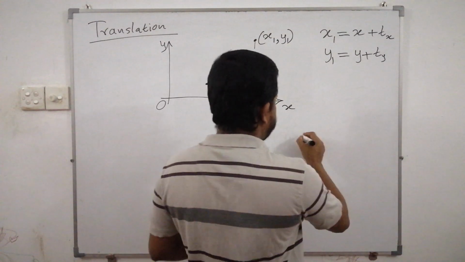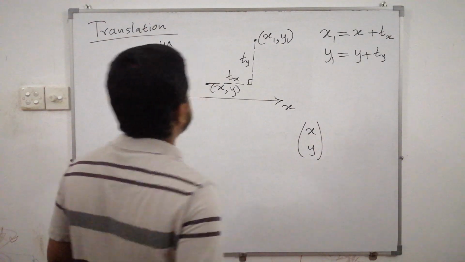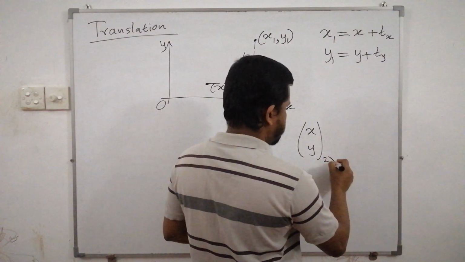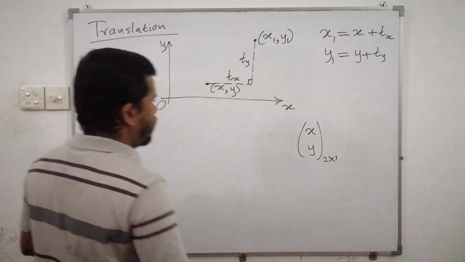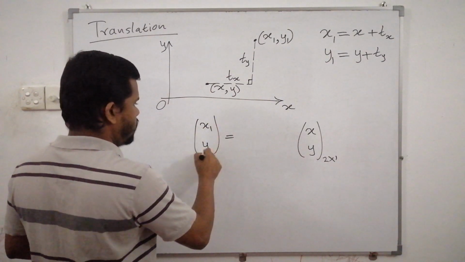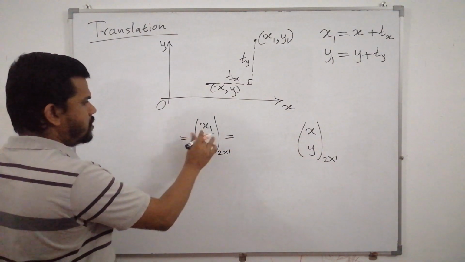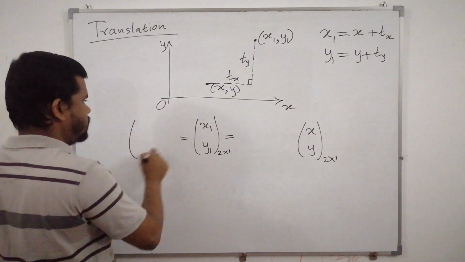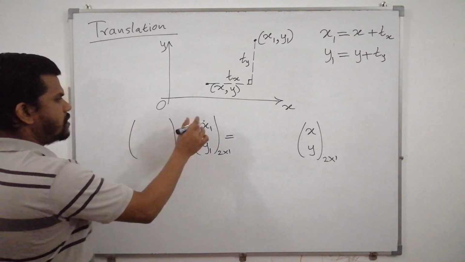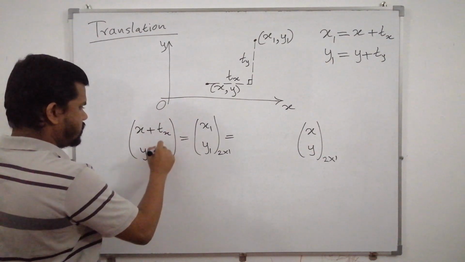Now we have the matrix that represents this point, its type is 2 cross 1. And now here we have x1, y1. Its type is 2 cross 1. This one we can write by substituting from these two equations. x1 means x plus dx, y1 means y plus dy.